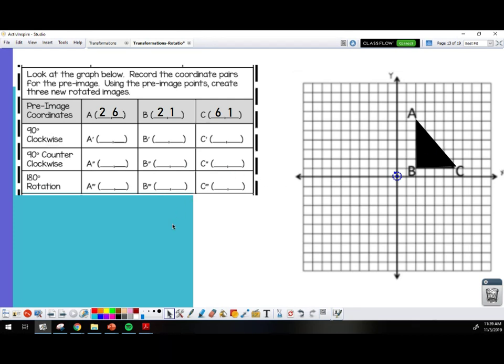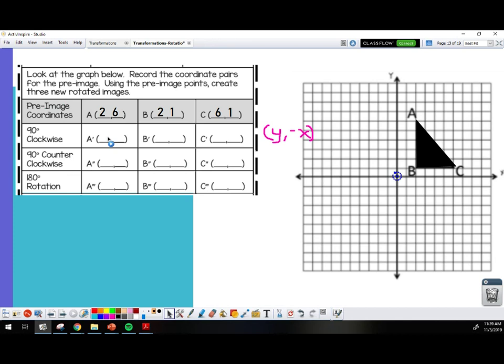Now we're going to follow these rules below, and we're first going to rotate this image 90 degrees clockwise. If you look back at your notes, what's the rule for 90 degrees clockwise? The rule is y, opposite x. So for each one of these, you're going to take your original y, but then take the opposite of the x.